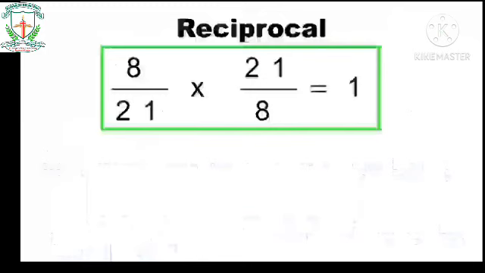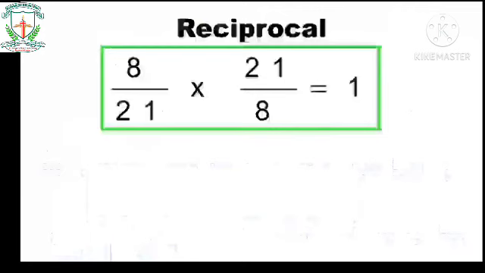Next one is reciprocal of a number. Let us talk about reciprocal of a number. It is the number which, when multiplied by the number, gives 1. If you multiply 8 divided by 21 by 21 divided by 8, you will get the answer as 1.